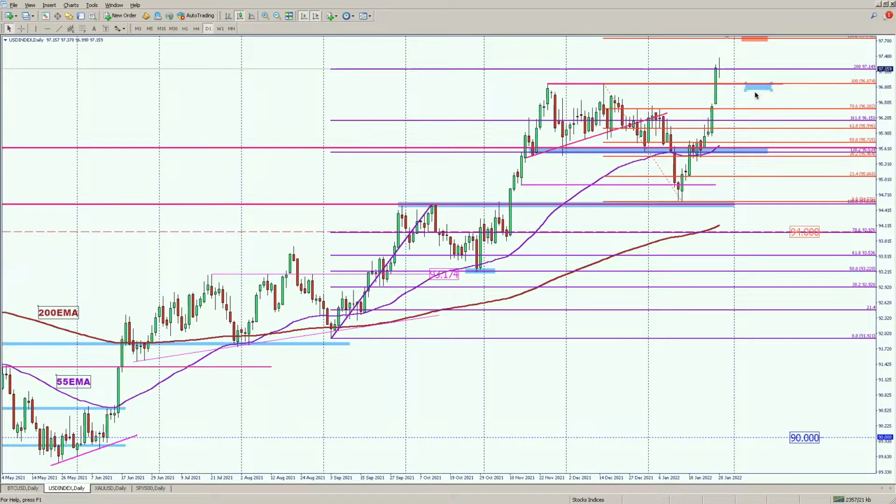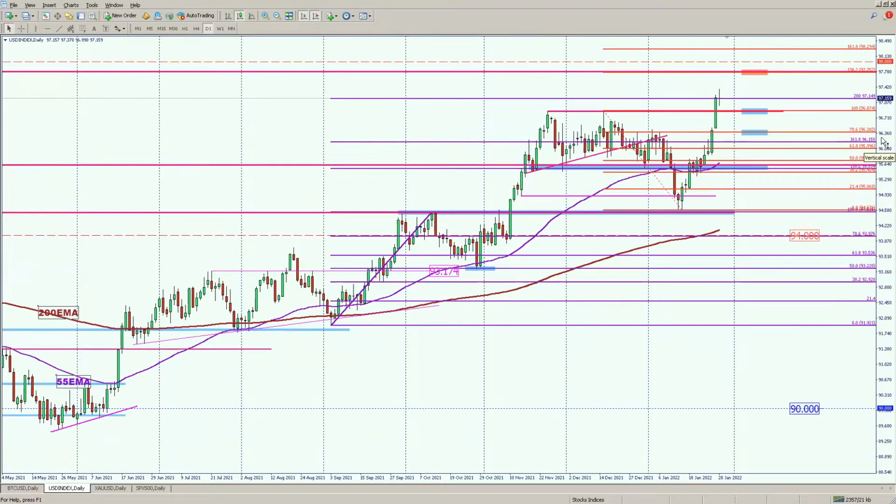So we could add an additional support just in case, and resistance at the 138 or even right to the 98.